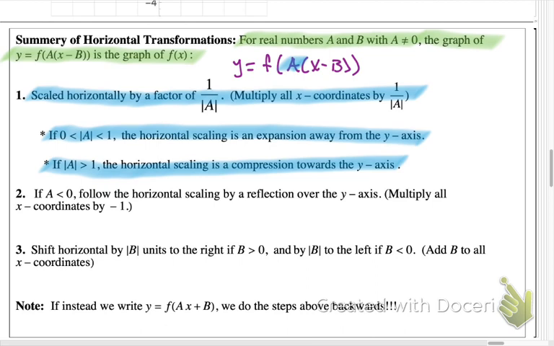Okay, step 3. We're still on the effects of a here. If a happens to also be negative, you're going to do a horizontal reflection, which is multiplying x coordinates by -1.